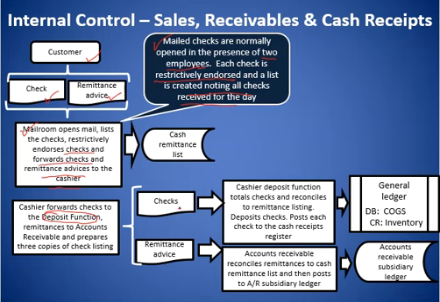But what you can see here right now is the physical checks are going to the cashier. The cashier deposit function then is going to total the checks and reconcile to the remittance listing that comes along with those checks.